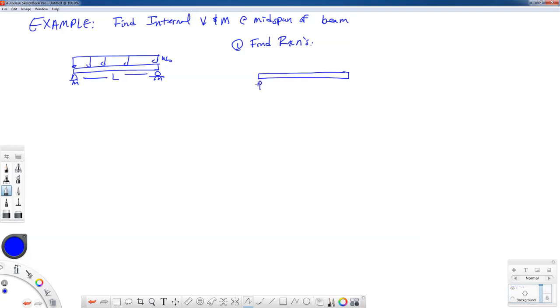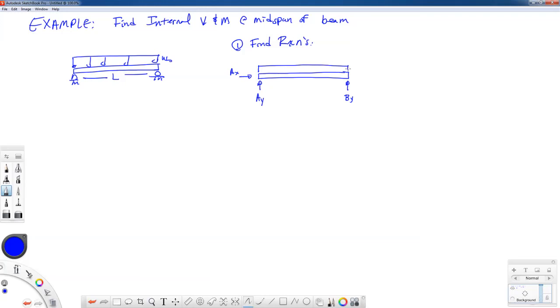We know that we have the pin reaction here. I'll call that point A. So maybe we have an AY and then an AX. Now there aren't any forces in the X direction, so we know AX is going to be 0. But I think it's always a good habit to go ahead and include this reaction anyway, because we'll be working problems later on where we will have reactions in the X direction.